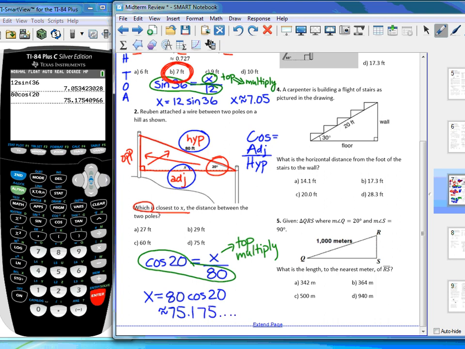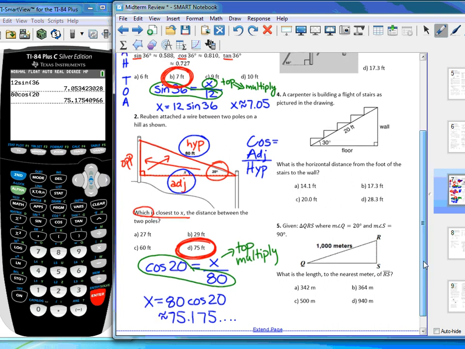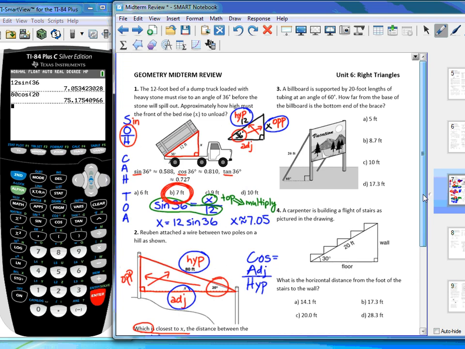So, which of these answer choices is that closest to? Well, it's closest to choice D, 75 feet. So far, so good. Scrolling back up to the top, we're going to come to number 3.